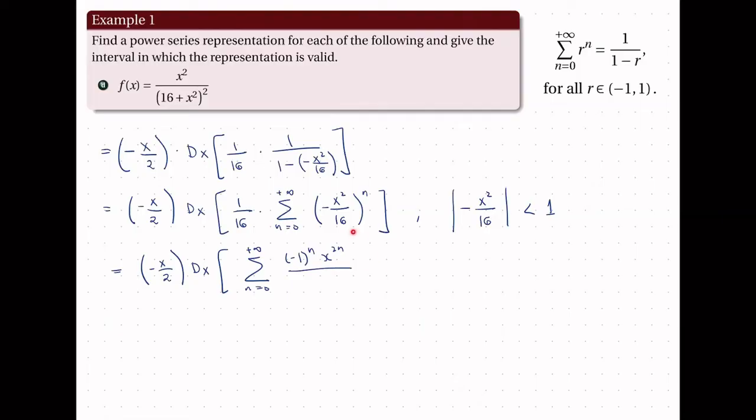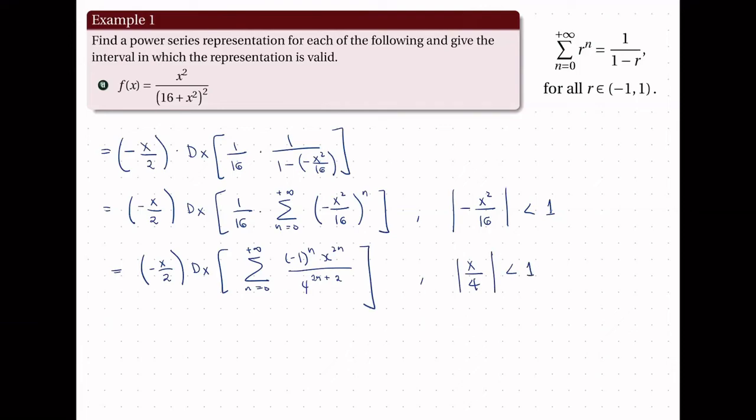Dito, let's write 16 as 4 squared. Okay lang? So this becomes 4 raised to 2n, no? And then, ipapasok natin yung 1 over 16 sa loob ng summation. So we will have 4 raised to 2n plus 2. Okay? And here we have the absolute value of x over 4 must be less than 1.